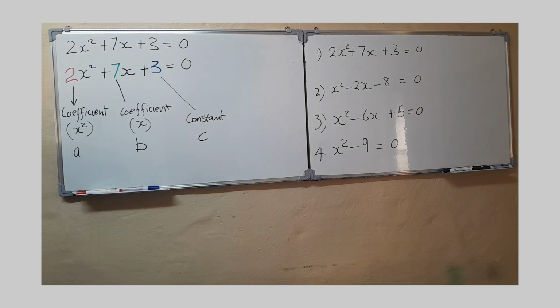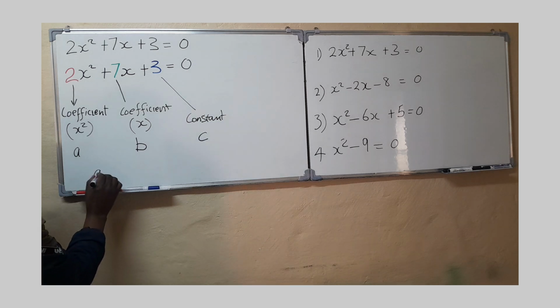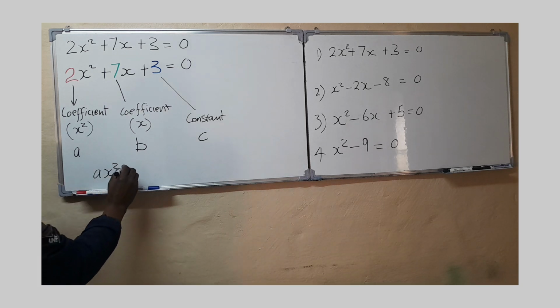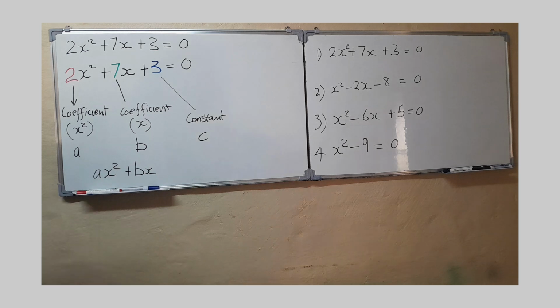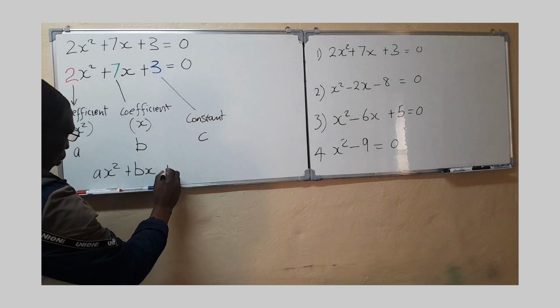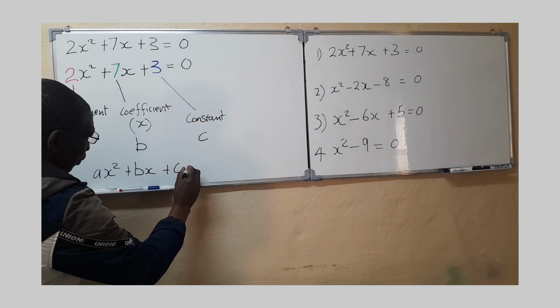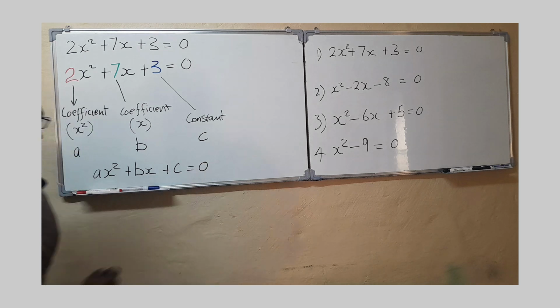Okay, so if we had a general quadratic equation, we would write it then as A multiplies x squared plus our B, which would be multiplying our x, plus of course our C, and this is equal to 0.